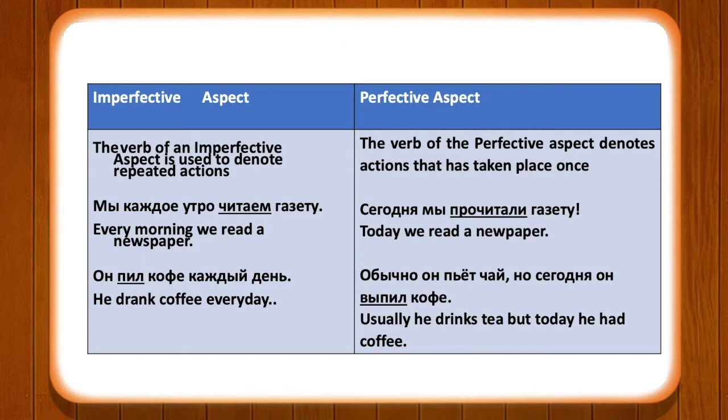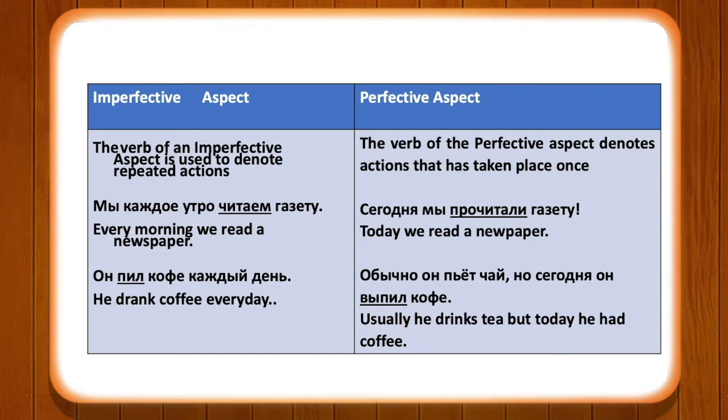So, for example, мы каждое утро читаем газету. Сегодня мы прочитали газету. Мы каждое утро читаем газету means that every day we read a newspaper. So, каждое утро, this phrase indicates regularity in which the action читать takes place. So, every morning we read a newspaper.